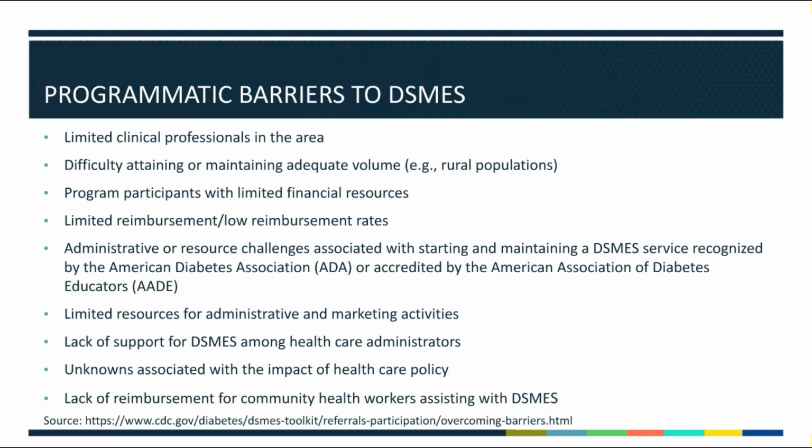Participants can have limited financial resources. There are certainly administrative challenges associated with starting and maintaining your recognition or certification, limited resources that the program may have, lack of support amongst your healthcare team, and then lack of reimbursement for community health workers who have been shown to be very effective in helping with diabetes self-management education and support. So again, just some of the ideas or barriers that have been identified through our work. Next slide, please.